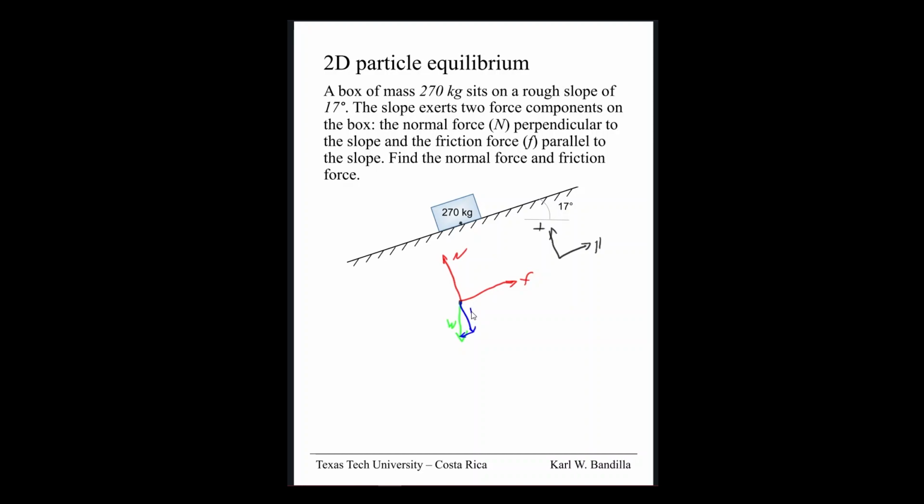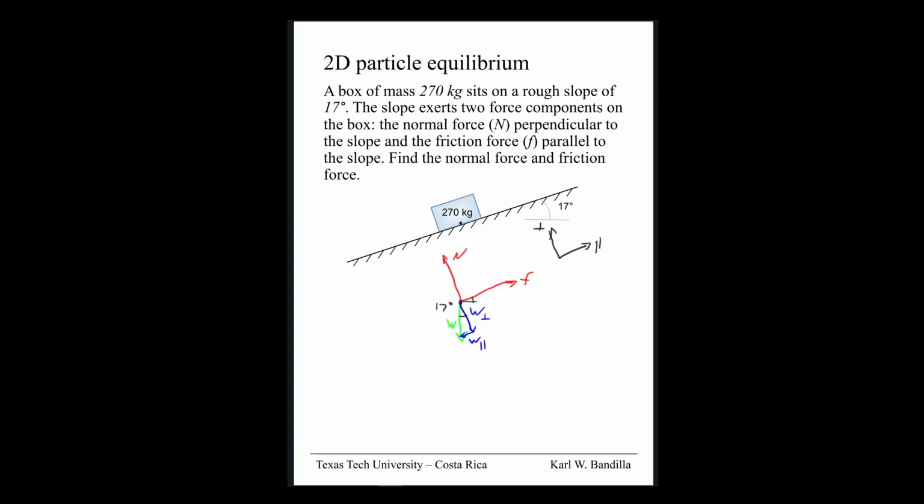We can call this W perpendicular and this W parallel. And of course, lastly, we know if this angle is 17, then that angle is 17 degrees as well. With that, I think we have all the information that we need to solve our problem.